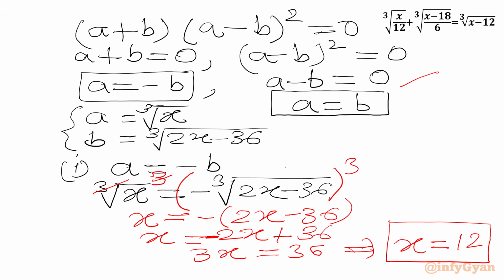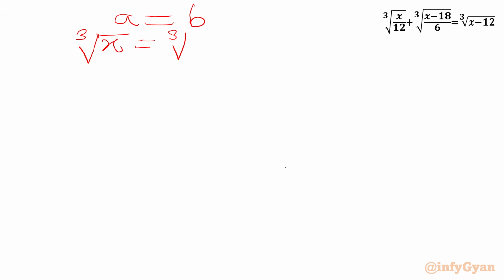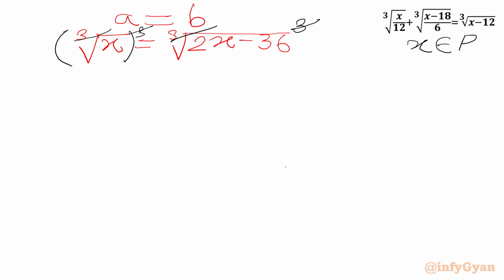Now we will take up the a equal to b condition. So if a equal to b, that means cube root of x equal to cube root of 2x minus 36. Again we have cube roots on both sides. We are going to cube both sides. So power 3, cube root and cube will get over for x belongs to real numbers.